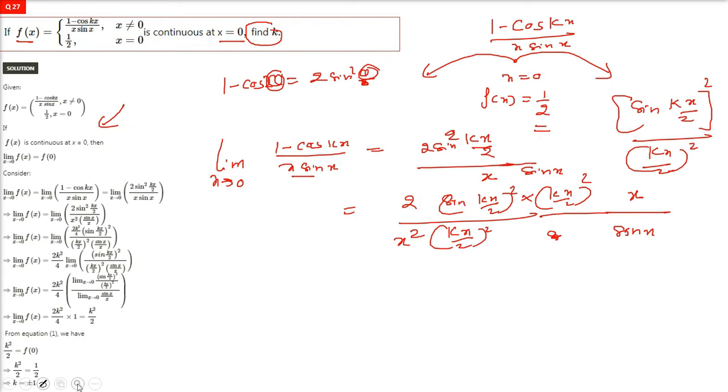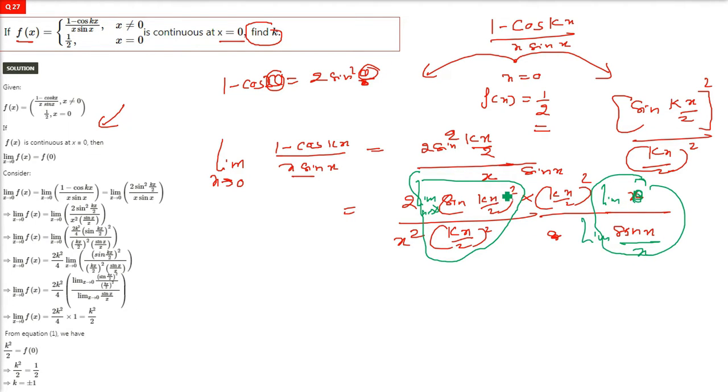Now we'll apply the limit. When x tends to 0, this sin theta by theta is going to be 1, and sin x by x is also going to be 1. So both of these parts are 1.